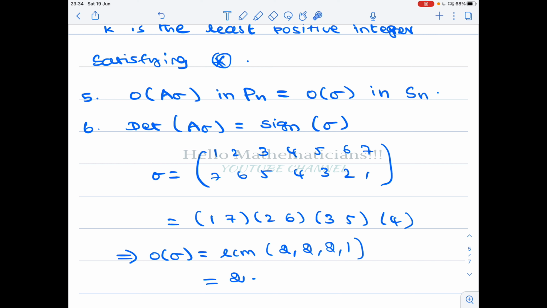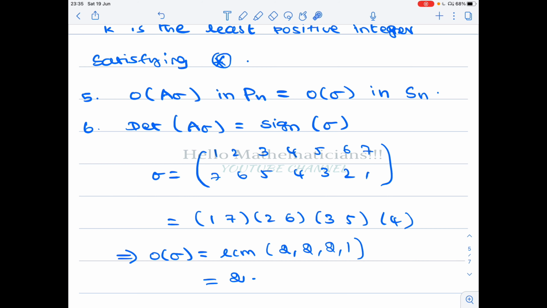The order of a permutation is the LCM of the lengths of its disjoint cycles. First you split the permutation into disjoint cycles, then you take the LCM of their lengths, and you get the order of the permutation. For example, for this sigma, this is the cycle decomposition. So its order will be the LCM of 2, 2, 2, 2, 1, which is 2. Therefore this permutation has order 2, and this matrix A sigma has order 2 in the group Pn.